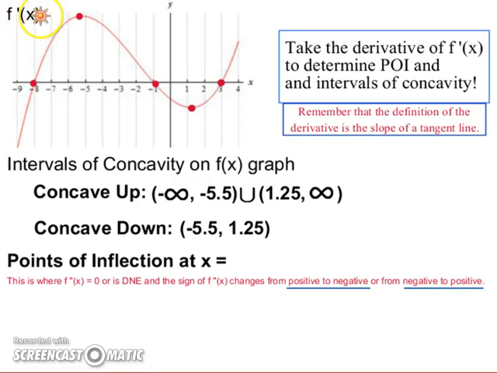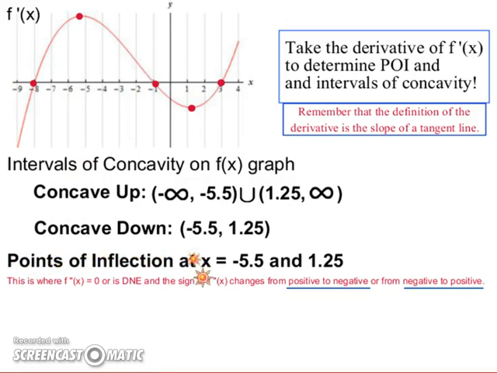So again, when a derivative is equal to 0, it means there's a horizontal tangent. So that occurred here and here. And again, we're talking about the second derivative right now because I'm taking the derivative of the derivative graph. So points of inflection occur at negative 5.5 and 1.25. And well, this is where the second derivative is equal to 0.